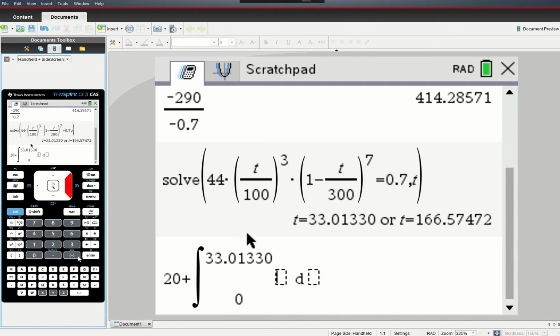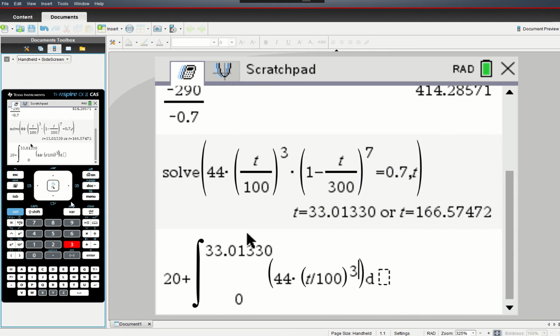We're going to then multiply that by 40, or take the integral of 44 times t divided by 100 to the third power times 1 minus t divided by 300 to the 7th power. That is with respect to t.